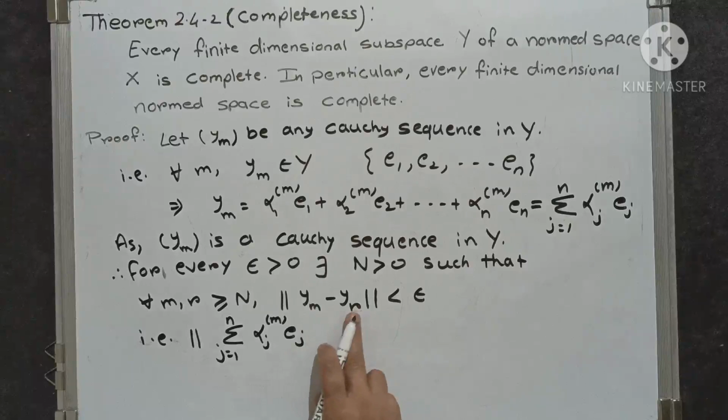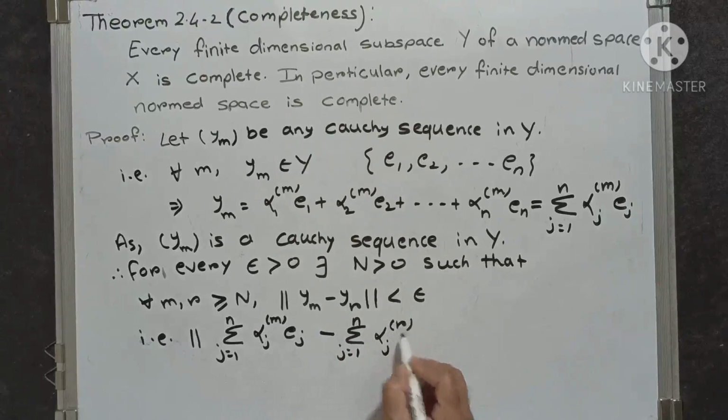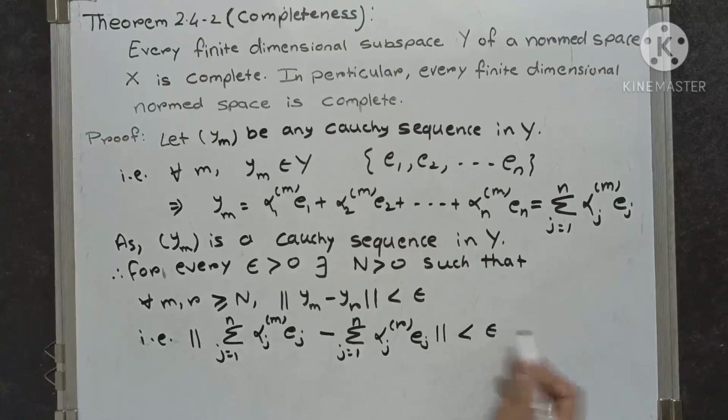In the same way we are putting the value of y_r, that is minus summation j from 1 to n, now instead of m we are writing r, alpha_jr e_j, it is less than epsilon.